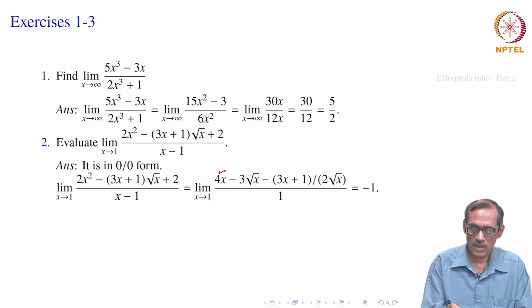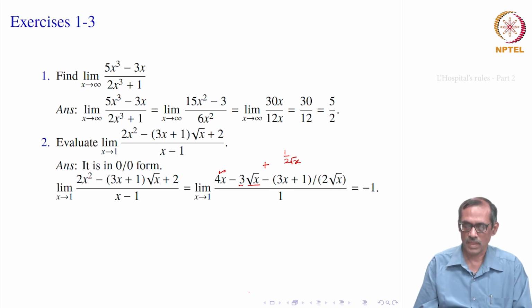So, it will be root x into derivative of 3x plus 1 which is 3, fine, minus derivative of it is minus, now it becomes plus and 3x plus 1 into derivative of root x which is x to the power half it gives half root x in the denominator, fine.